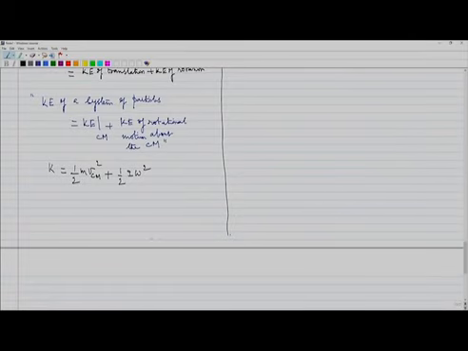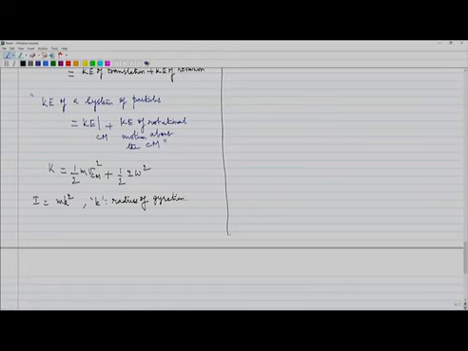Right? And moment of inertia is also written in terms of m k squared. Let me use little m, m k squared, where k is the radius of gyration, which we had seen earlier.